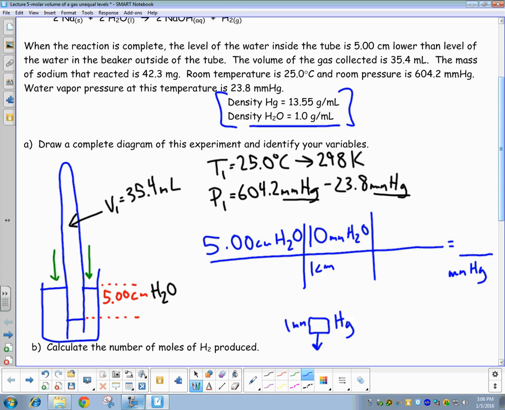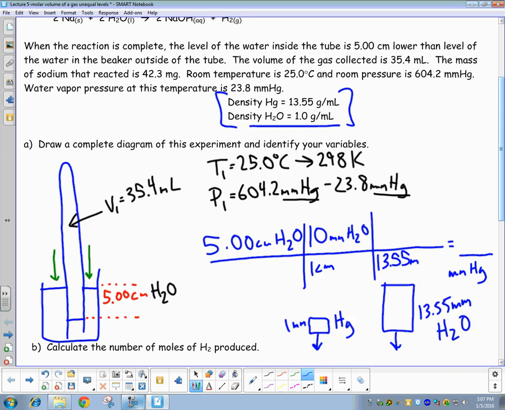It would take an equivalent column of 13.55 millimeters of water, H2O, to exert the same downward force. And I realize my columns aren't exactly the same width. We'll ignore that sloppy artwork for just a moment here. So if it takes 13.55 millimeters of water to exert the same force as 1 millimeter of mercury, we can use that as our conversion factor here to get to the millimeters of mercury.